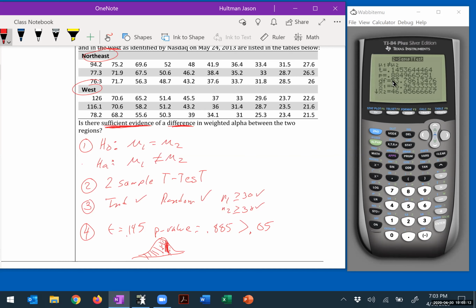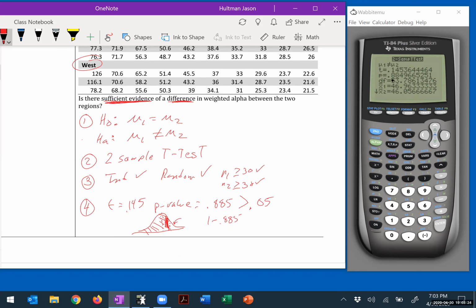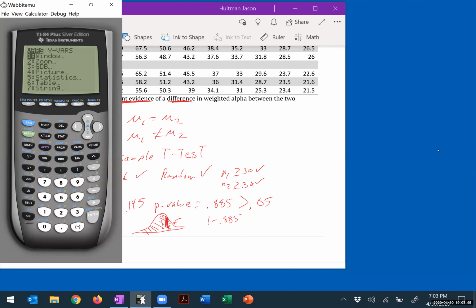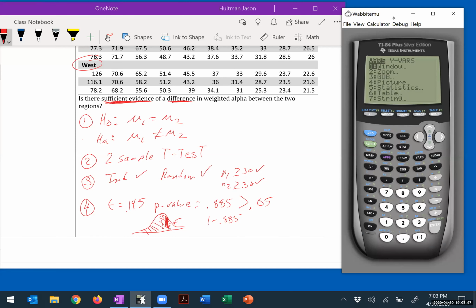So let's look at 1 minus the p-value, just to make sure that we're not on the wrong side of this thing. Okay, so what's 1 minus my p-value? 1 minus p. No, I want lowercase p. I'm going to go to my variables, and I'm going to pull my statistics variable.